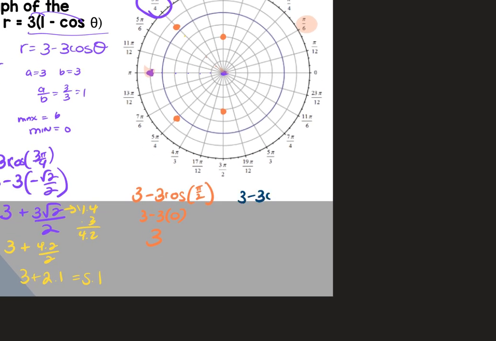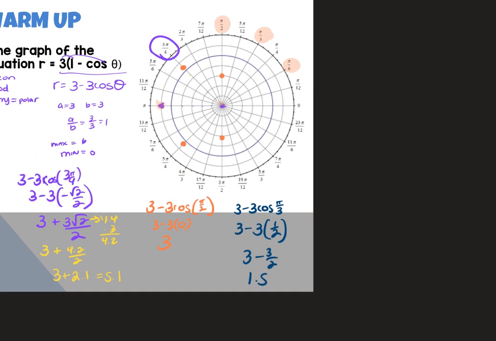Then pi over 3. 3 minus 3 cosine pi over 3. And the cosine at pi over 3 is? Good job, 1/2. 3 minus 3 halves, or 3 minus 1.5, is 1.5. And it's going to get reflected down to 5 pi over 3, 1.5.